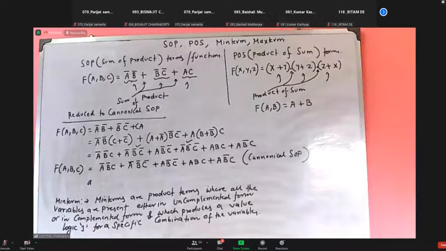All the minterms are denoted by small m. Minterms are denoted by small m i.